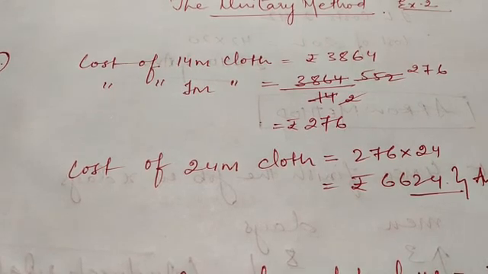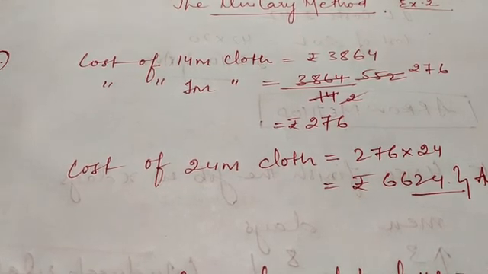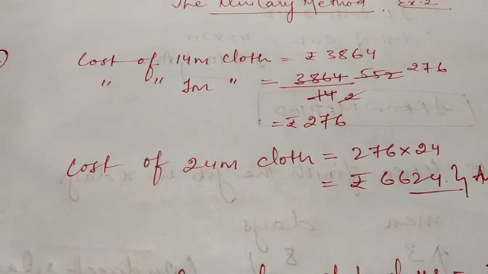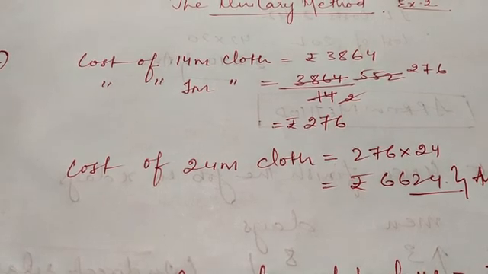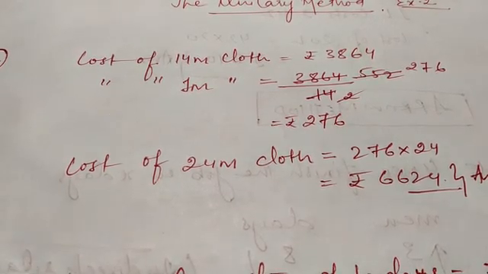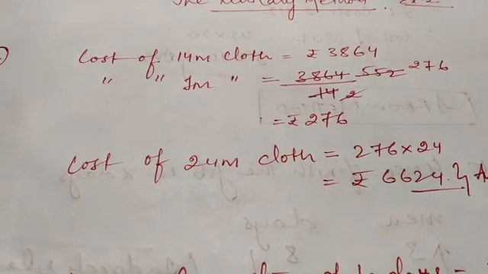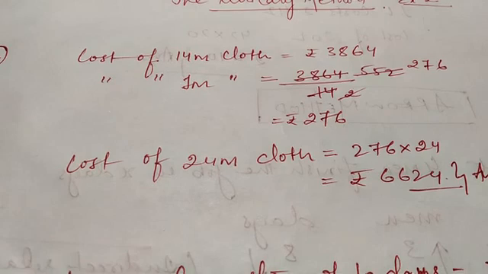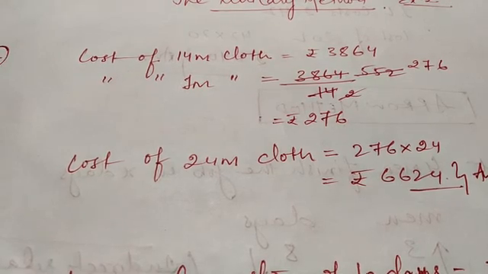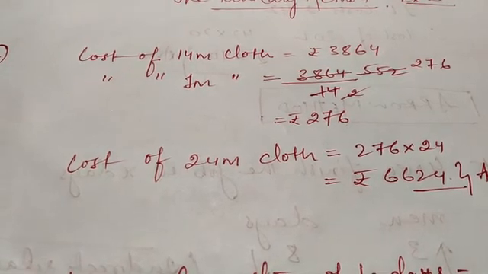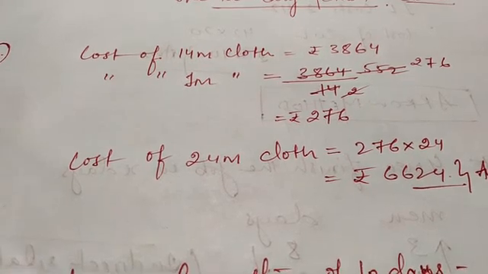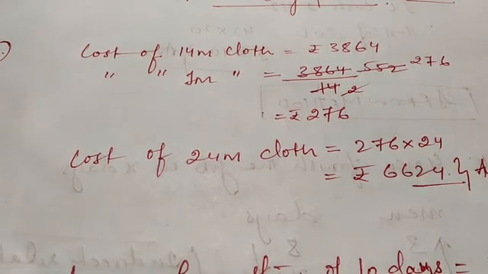By dividing. So 3864 divided by 14, I have changed it into lowest terms. So I got the answer rupees 276. So now we know the cost of 1 meter. We can find the cost of 24 meter of the cloth by simply multiplying it. Why have we multiplied? Now the quantity is increased. We are finding the cost of 24 meters.